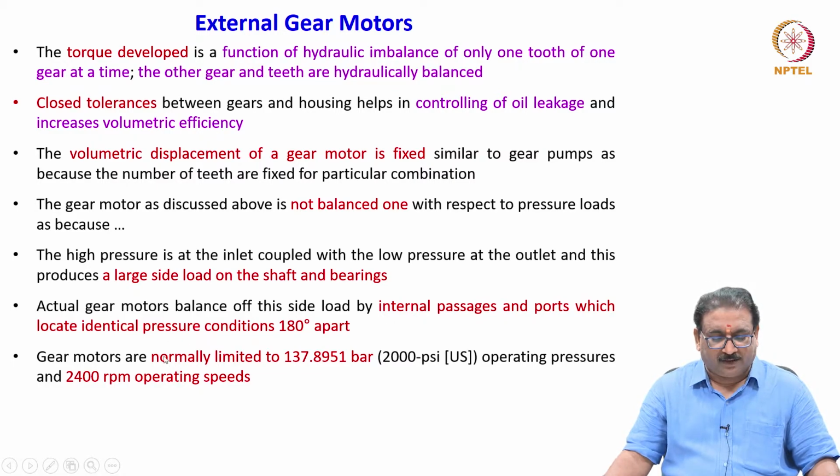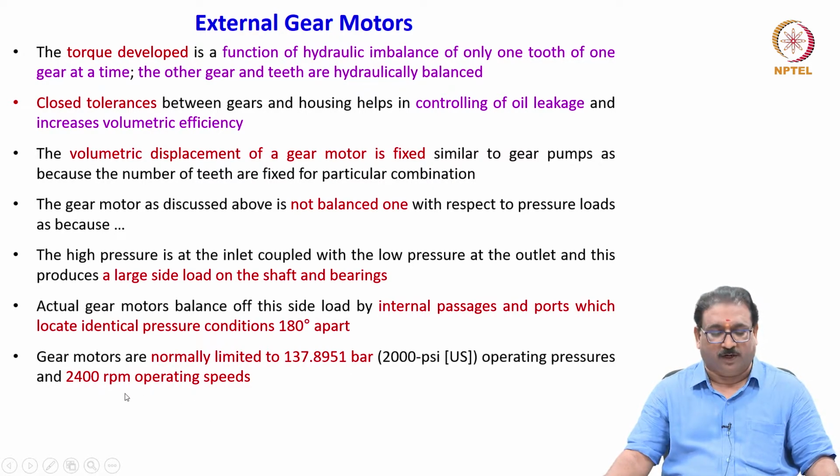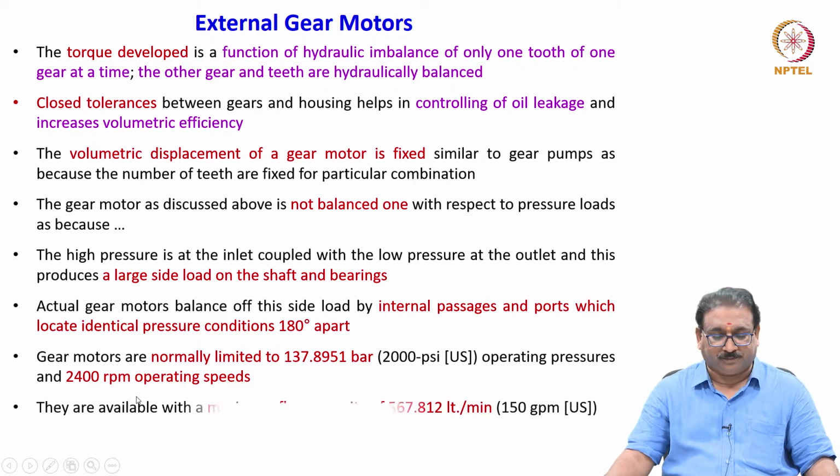Gear motors are normally limited to 137.89 bar. In the US, they mention PSI, pounds per square inch. This is the operating pressure, and the operating speed is 2400 RPM.